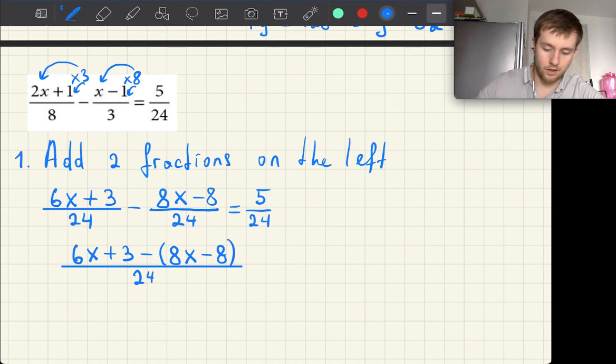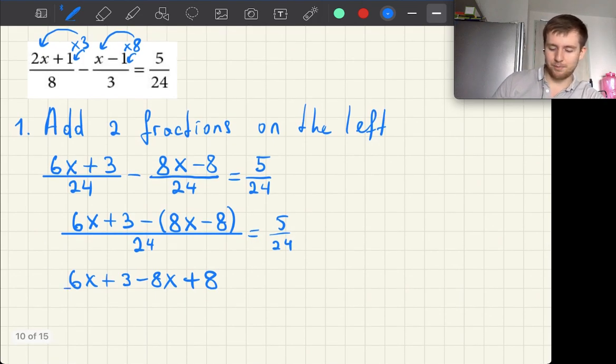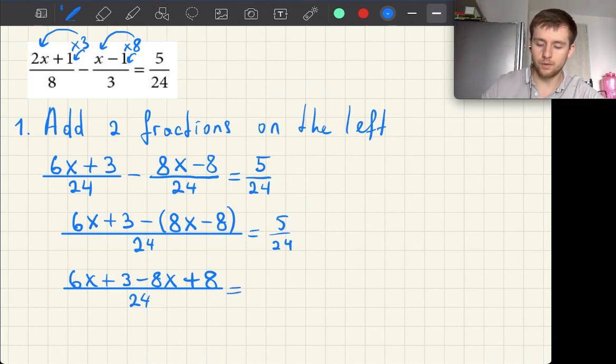So 8x becomes minus 8x, and minus 8 becomes plus 8. So we have (6x + 3 - 8x + 8)/24 equals 5/24. Pay attention if you see the minus. I keep telling you about this because I keep seeing these kinds of mistakes on the tests, so please pay attention to the signs.